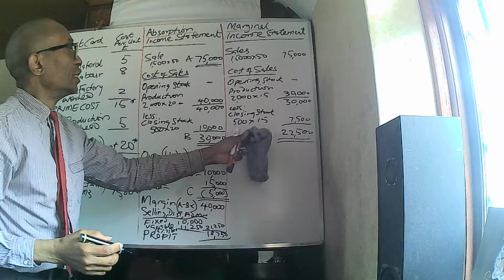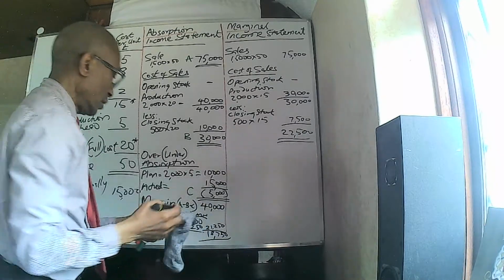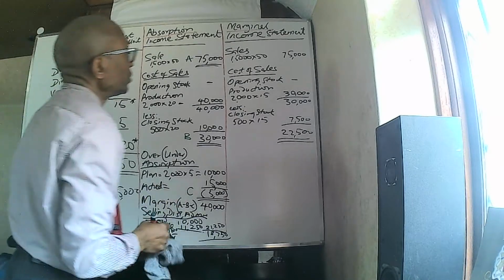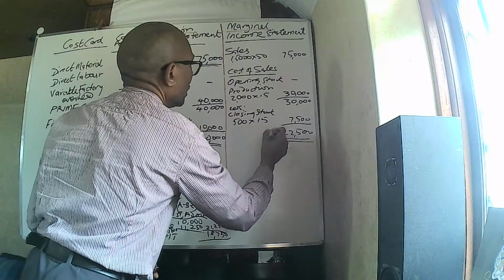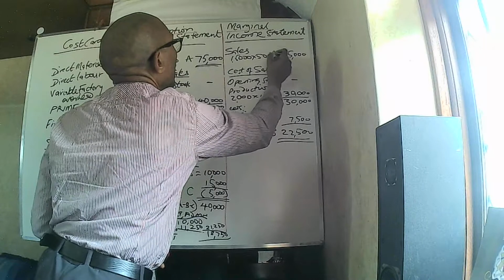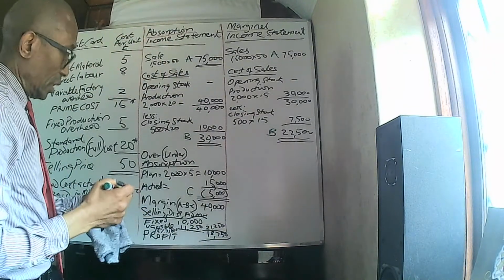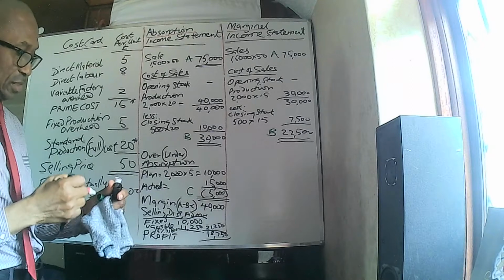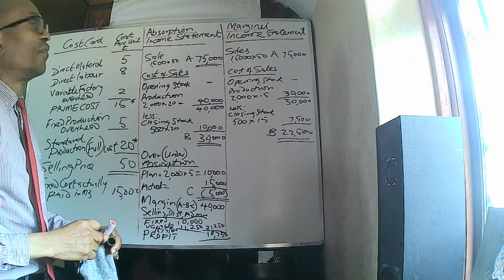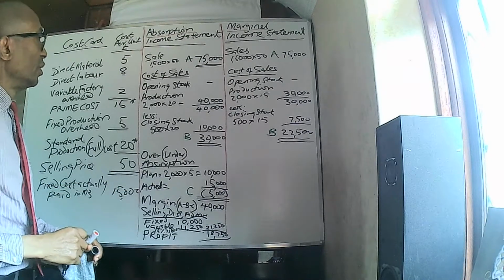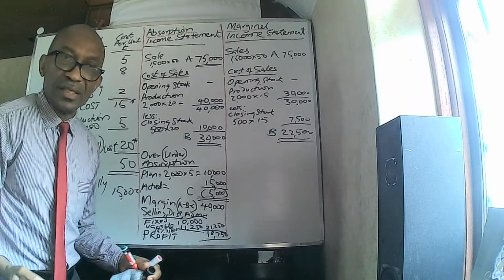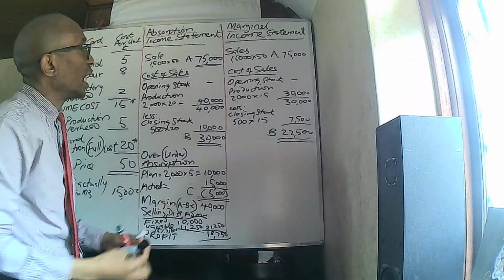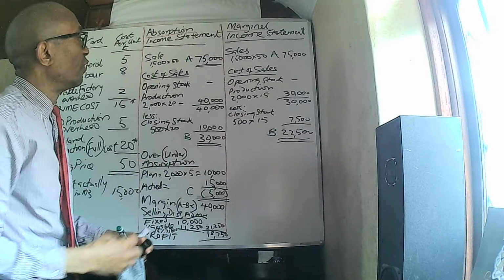Now we've got the cost of sale, B. A is still my sales here. As marginal costing deals with cost by behavior, we need to bring all the variable costs above the line.